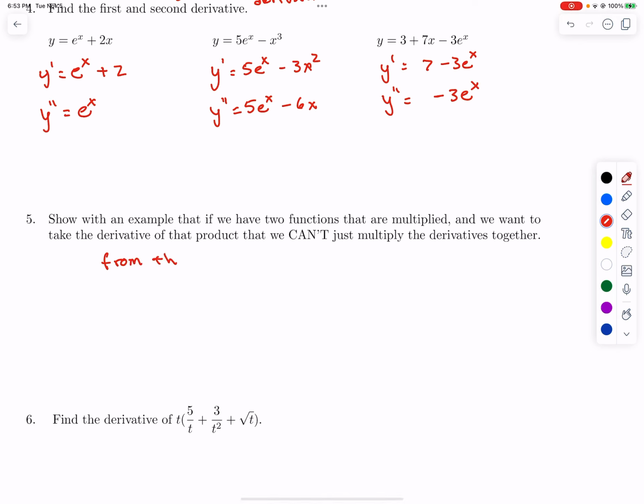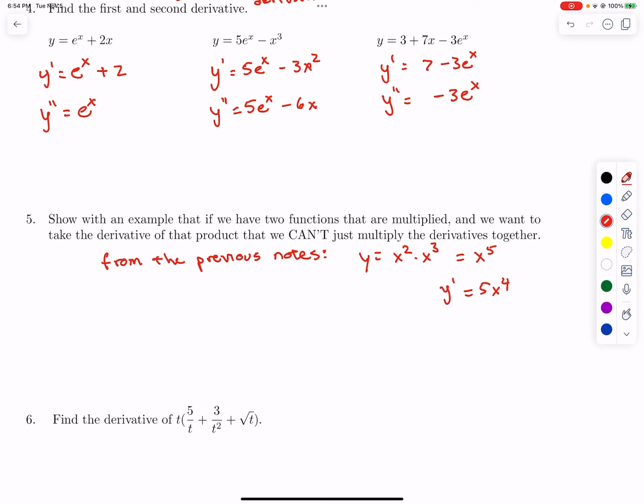From the previous notes, we had y equals x squared times x cubed, which is, as we know, x to the fifth. y prime must be 5x to the fourth.